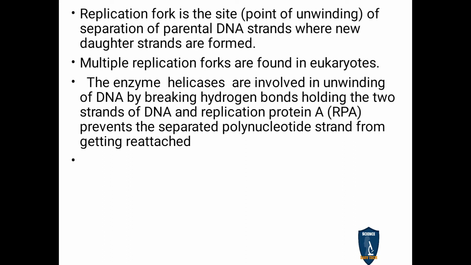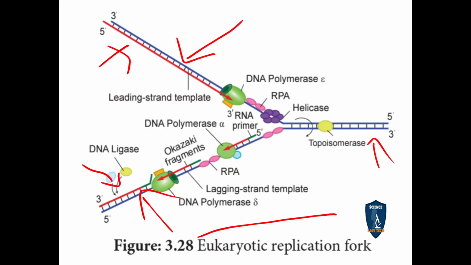As we discussed, yeast contains 400 ORCs. Like that, with multiplication and replication, so many replication forks are formed in the eukaryotes. Here the helicase enzyme unwinds the DNA molecule.